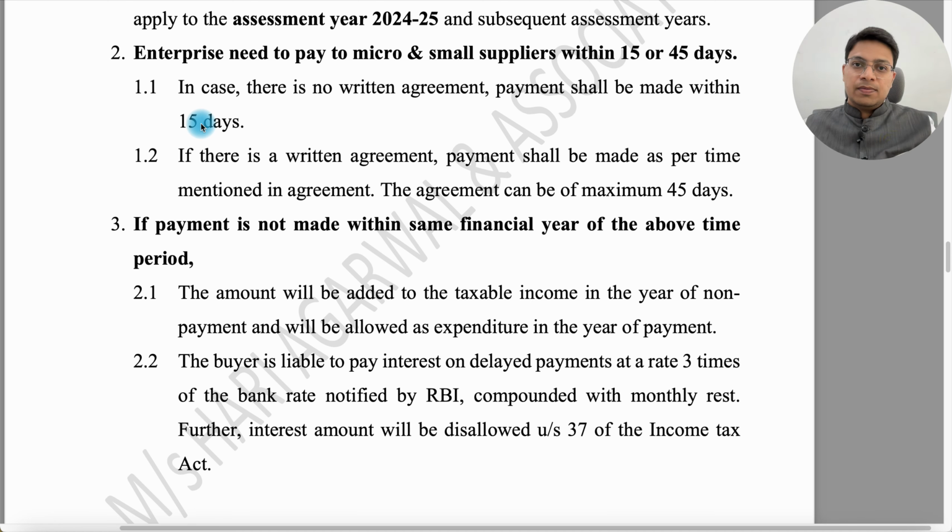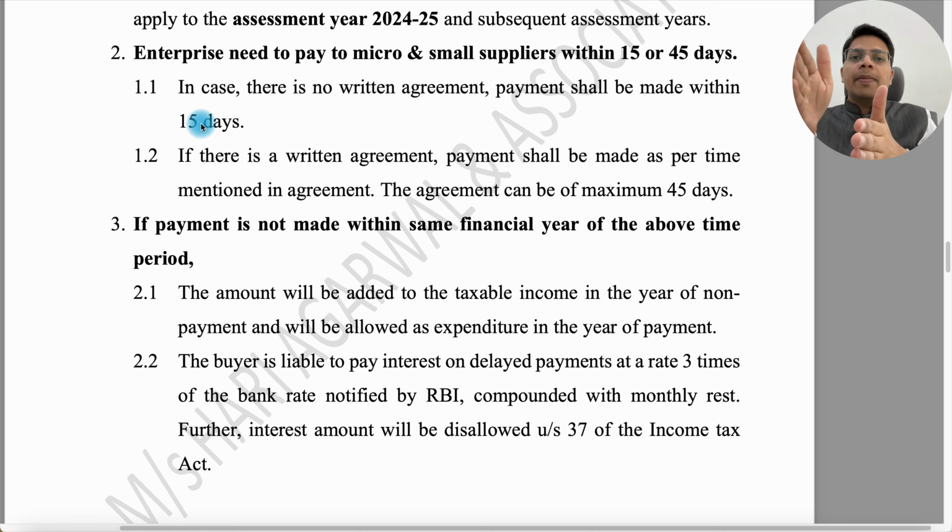So in the case study which we have discussed, you have to first identify the due date of payment as per the MSMED Act is falling in which financial year. Next, you have to ensure that you are making the payment to the supplier within that financial year. I'll repeat the example. Your date of transaction or acceptance was 1st January 2024. Due date as per the MSMED Act was 15th January 2024.